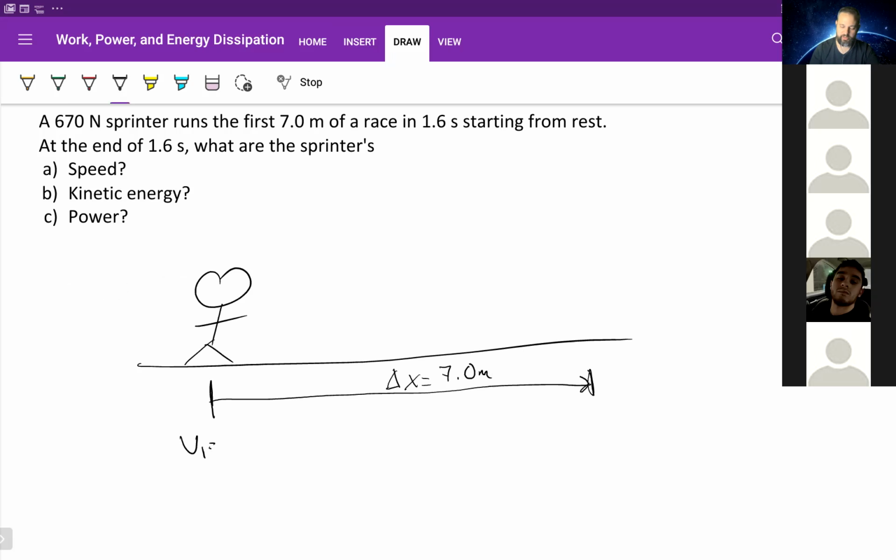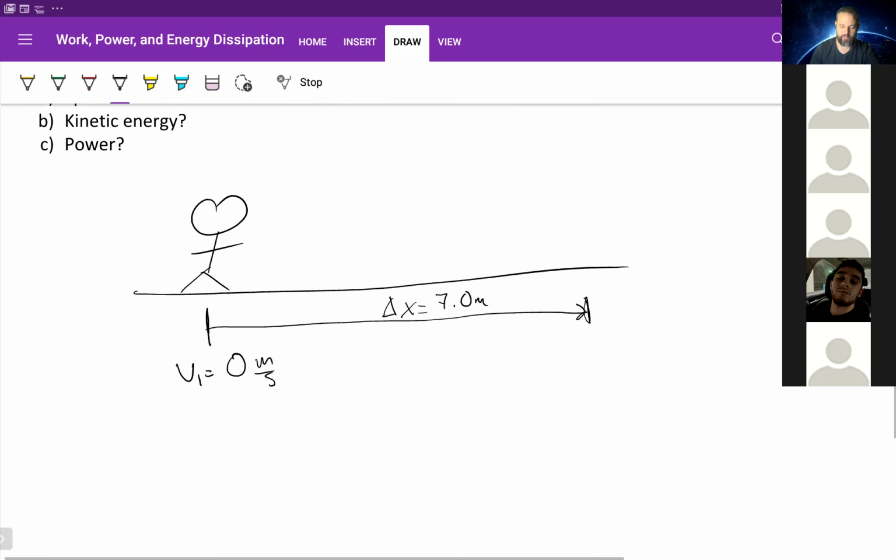At the start, he starts from rest, right? His weight is 670 newtons. So we know he's got a weight. That's right, mg is equal to 670 newtons.